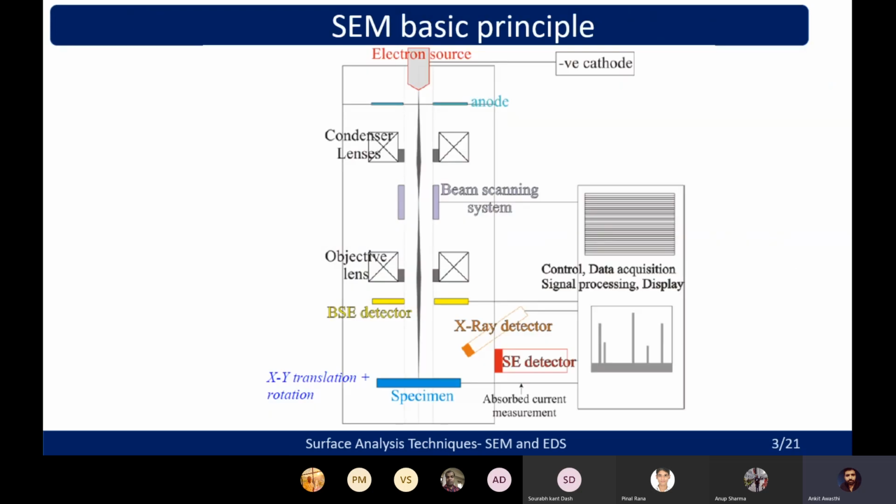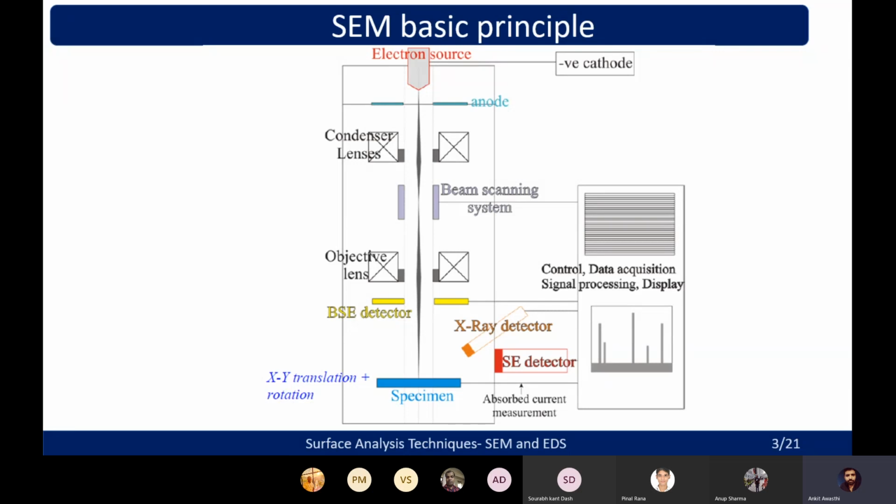So what is the basic principle of the SEM? In SEM, at the top here you can see there is an electron source, which is generally tungsten or lanthanum hexaboride, used to generate the electron beam. The beam is then condensed using the condenser lens, and it generally works in conjunction with the condenser aperture to eliminate the high angle electrons from the beam.